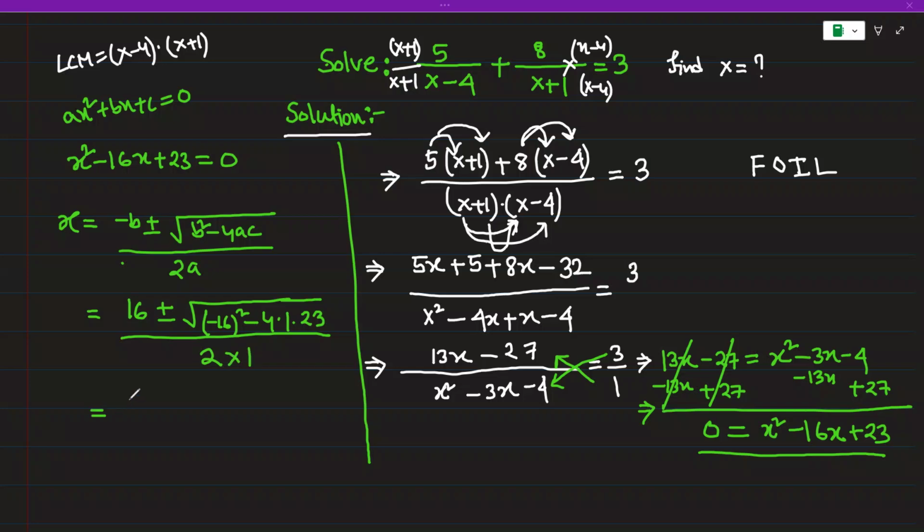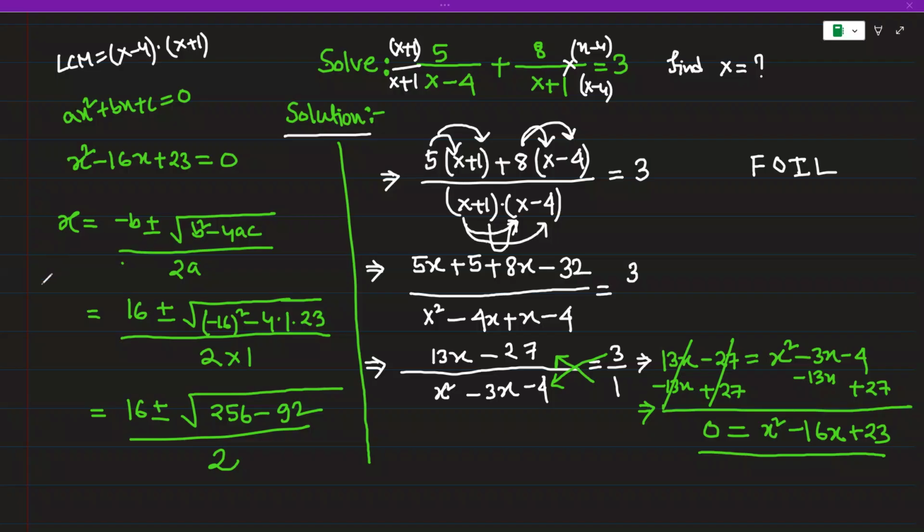Now if you simplify that, 16 plus or minus square root of 256 minus 92 over 2.